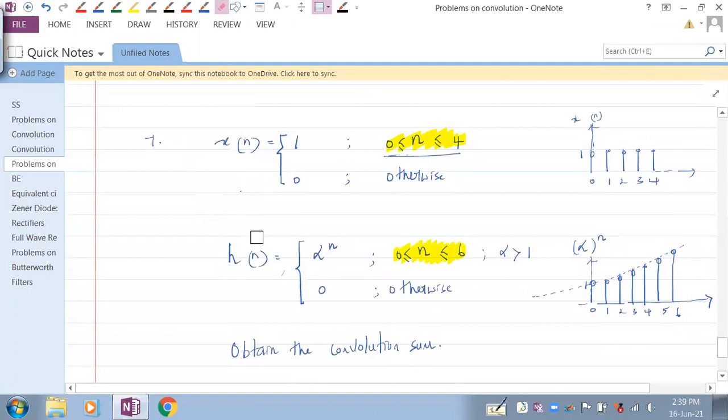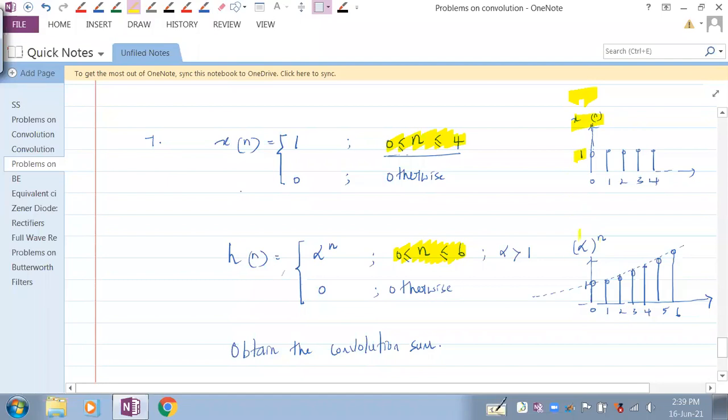Instead of taking these equations, let's draw these signals as this. See that, everybody? See here, this is your x of n. So this is what we have drawn x of n as, which is 1 from 0 to 4, right?